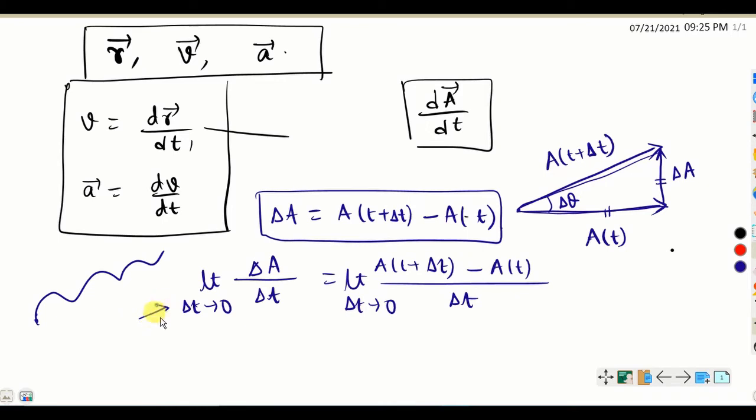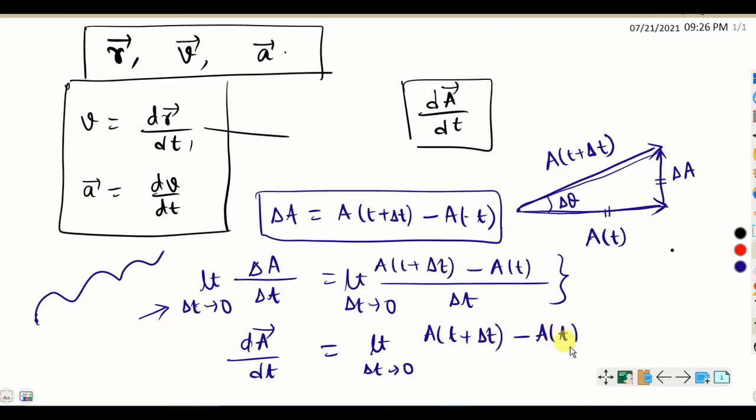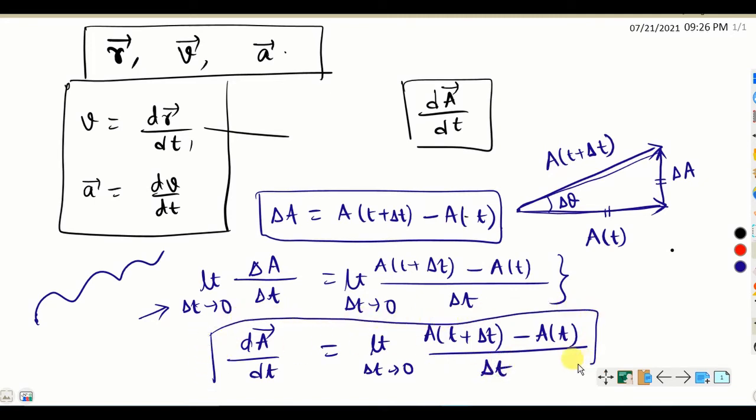Now we have this particular definition: this instantaneous change we represent as dA over dt, which is the definition of the derivative as Newton introduced in calculus. If you want to find the change of some quantity at some point, this is the way we define it.